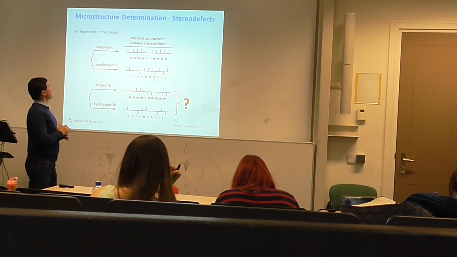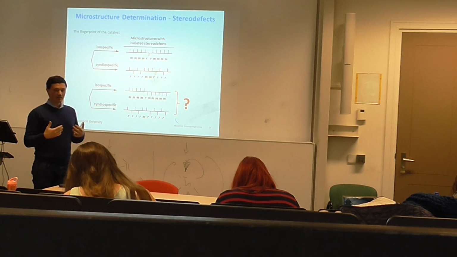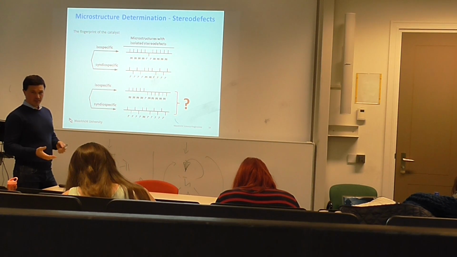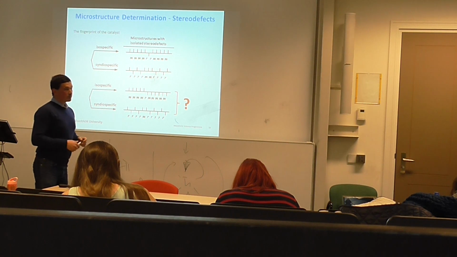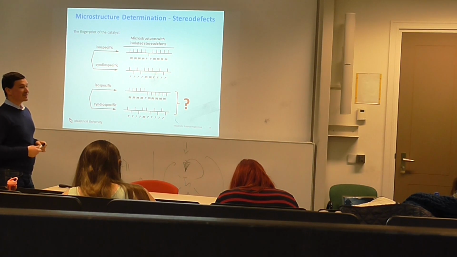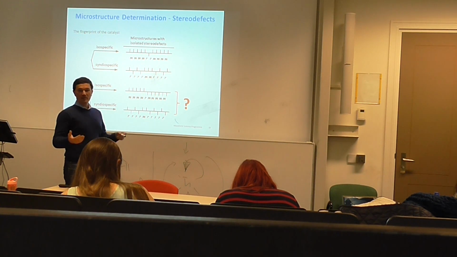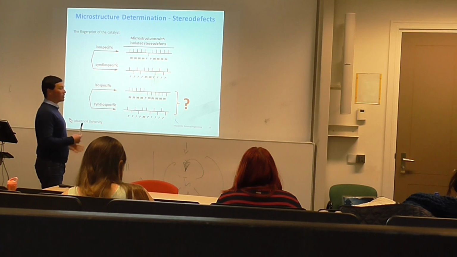Now, let's see which are the consequences of this stereoregularity over the chain that you have produced. Whatever you are producing and whatever the catalyst does over your chain, you can understand what happened during the catalytic process by examining the polymer itself.